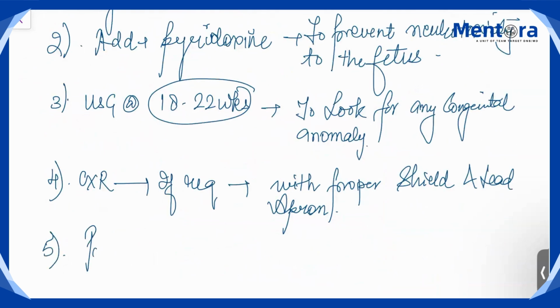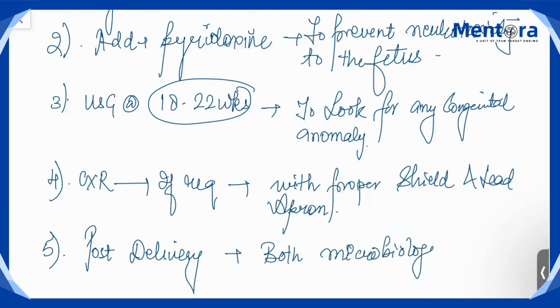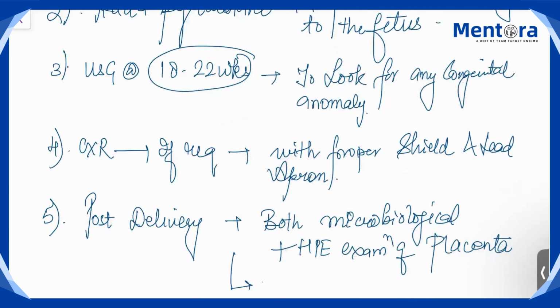Fifth, once the baby has been delivered, post-delivery, both microbiological and histopathological examination of the placenta needs to be done, so as to find out whether there is any sort of transfer to the child, and you have to rule out neonatal tuberculosis.